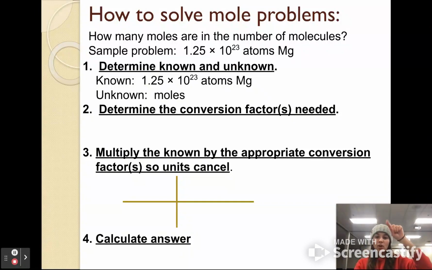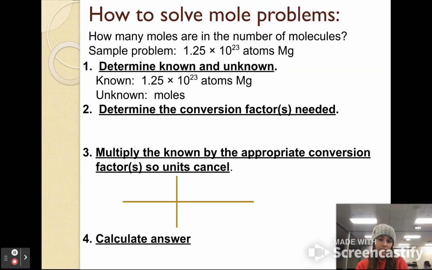So you're going to have 1.25 times 10 to the 23rd atoms. And then in the very top left corner, you're going to draw your train track. So go ahead and do that. Your conversion factors should already be written down. I told you them. So you're going to look at your 2 conversion factors, right? What unit do we want to cancel out?